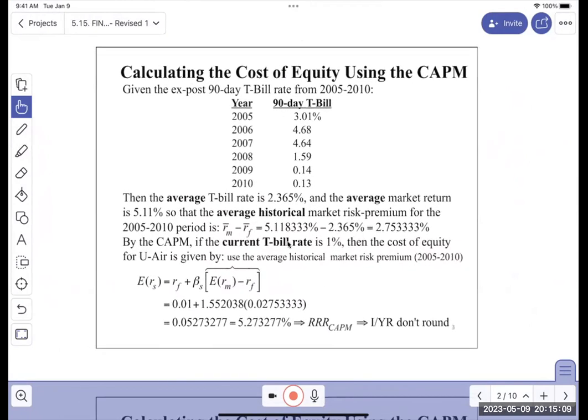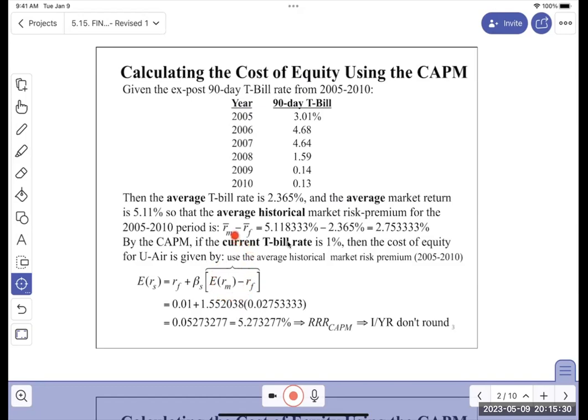We need to put it into the CAPM to make the estimate. We need the market risk premium. So there's some different approaches I use here. To get the market risk premium, I want the average historical market risk premium between 2005 and 2010.